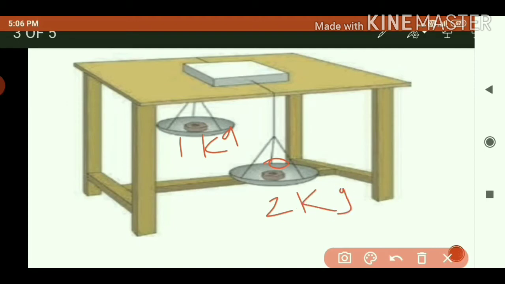Then tell me, where will that box move? Yes, the box will start to move this side. When unequal forces are applied to the box on the two sides, then an unbalanced force acts on this box, resulting in imparting motion to this box.